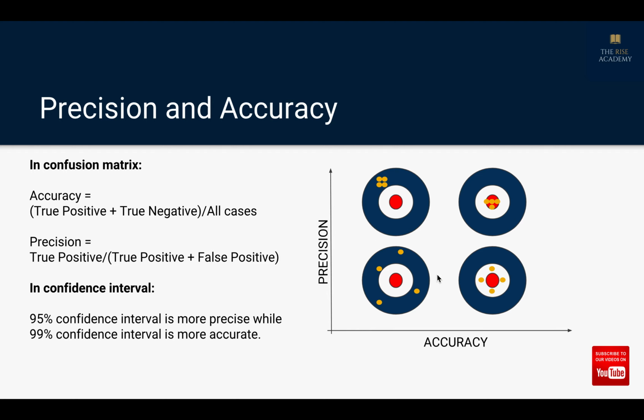Here, the first circle is low accuracy and low precision, which means that not only are these points far away from this target, which is in red color, but they're also far away from each other.